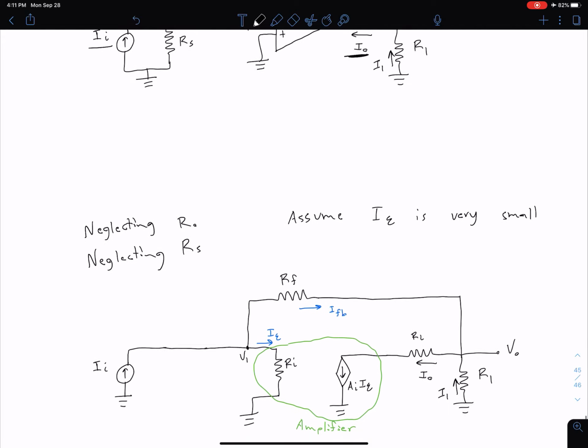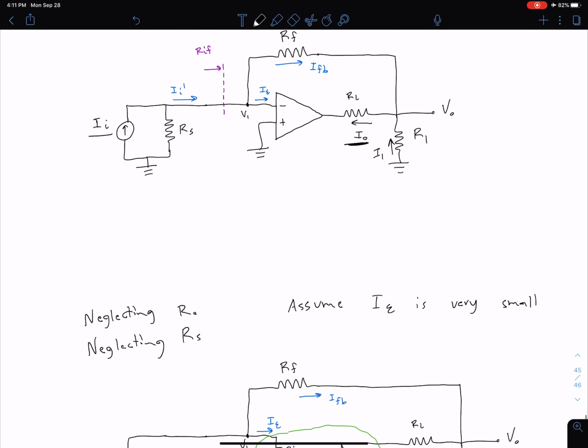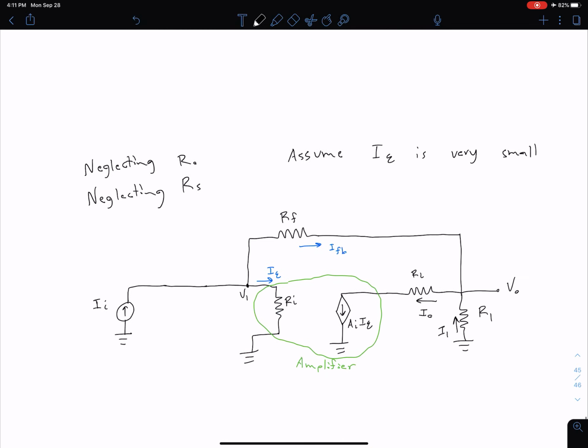Another way to think about that is we know that we have a zero differential voltage between our two input terminals in an ideal op-amp. So keeping in line with that assumption, we're going to assume I sub epsilon is very small, so small that we can say that this voltage V1 is equal to 0. So we have essentially no voltage drop across this resistor Ri.